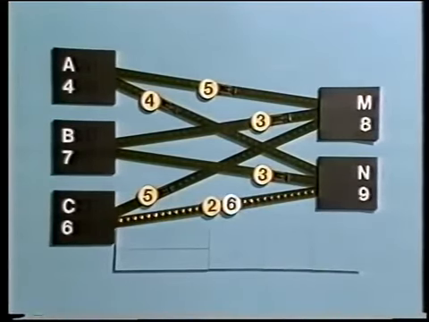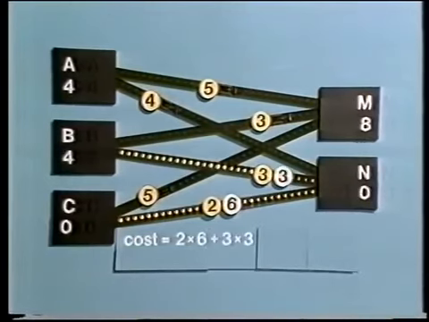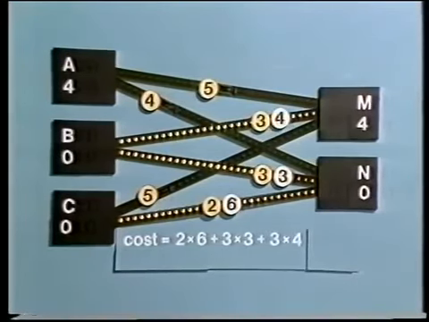The cost so far is 2 times 6, and 3 units are still needed at N. Now, the cheapest way of supplying N would be to take those 3 from B at an additional cost of 3 times 3, leaving 4 units still available at B. Now, those 4 must go to M, so that gives us an additional cost of 3 times 4, and at M we still need 4 units.